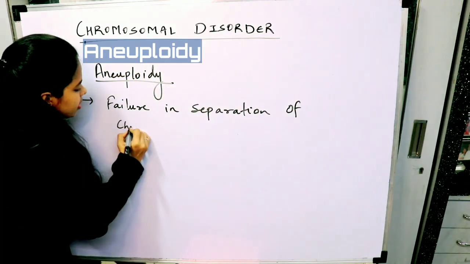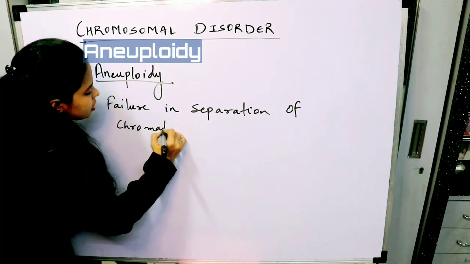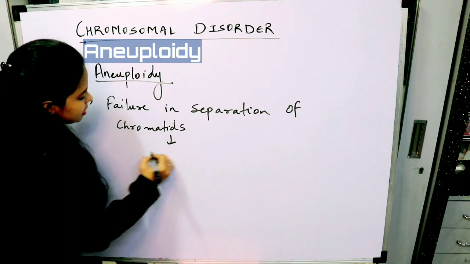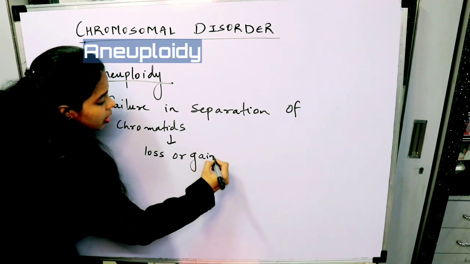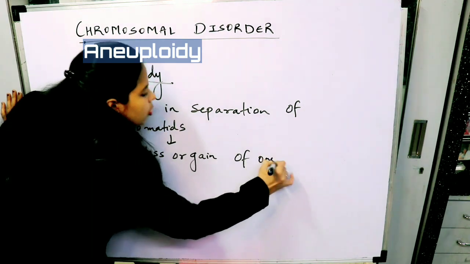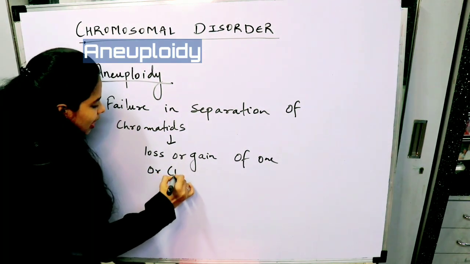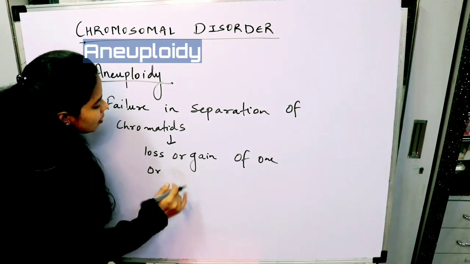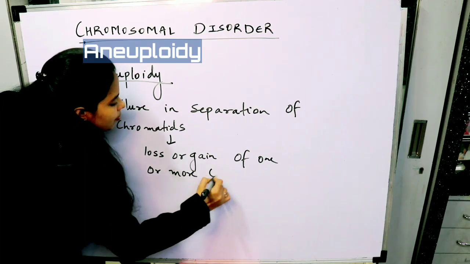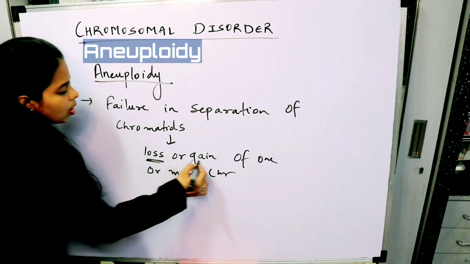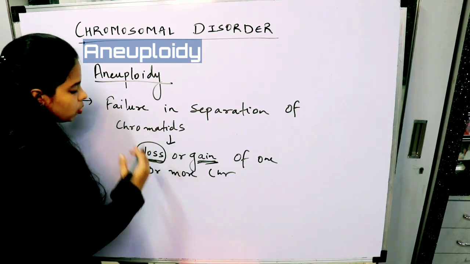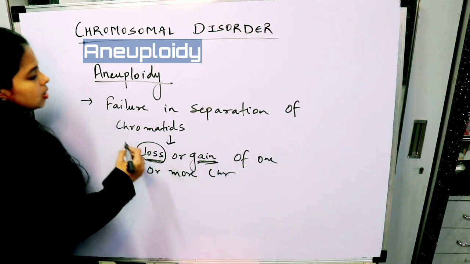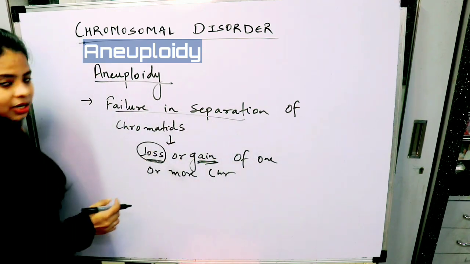When chromatids fail to separate, there is loss or gain of one or more chromosomes. That means there can be an extra chromosome by gaining, or there can be one or two less chromosomes because of the loss. This is caused due to failure in separation.